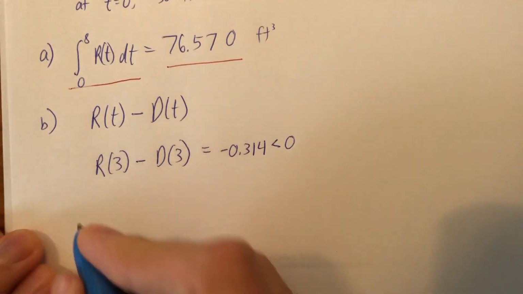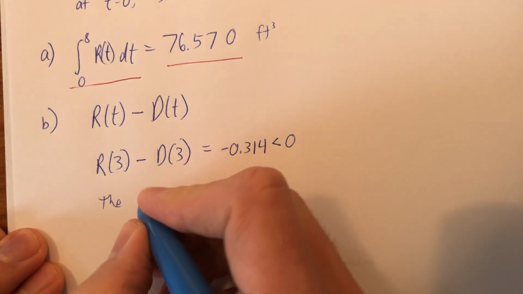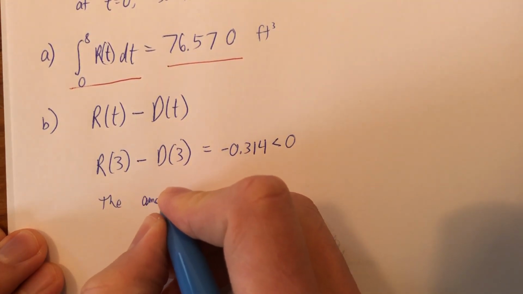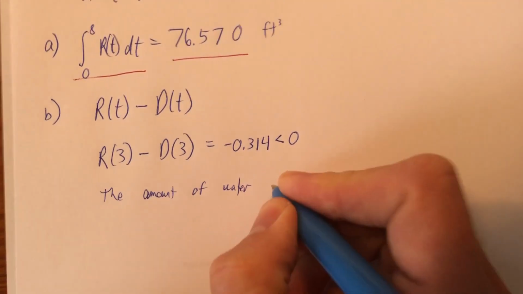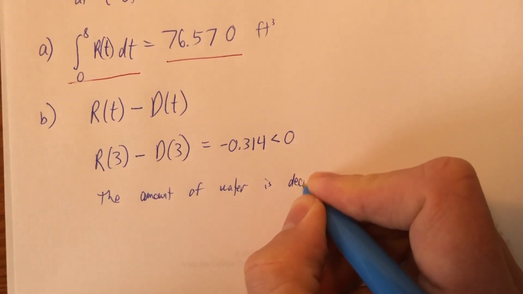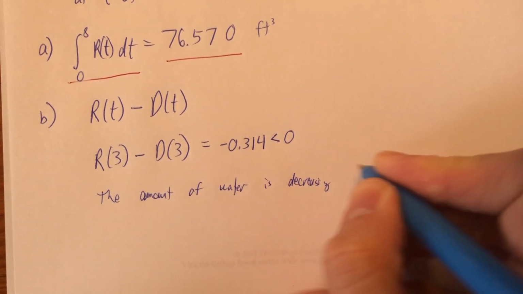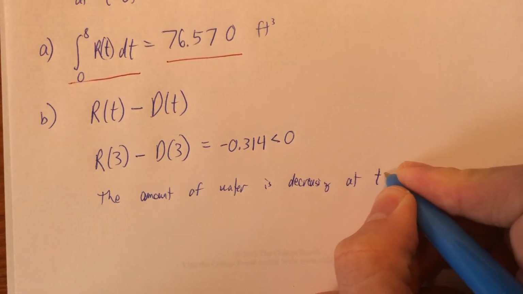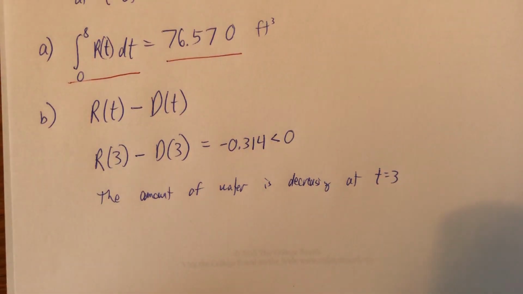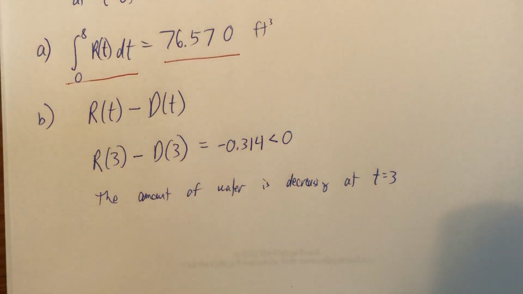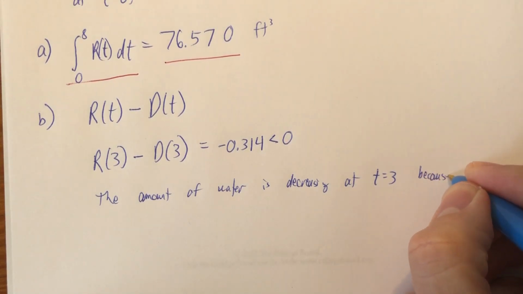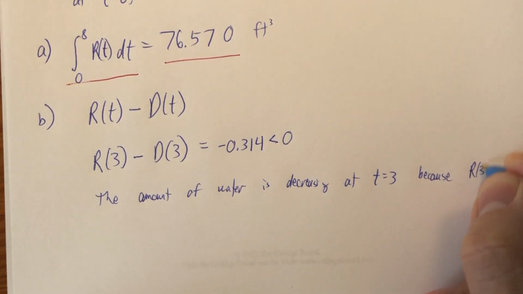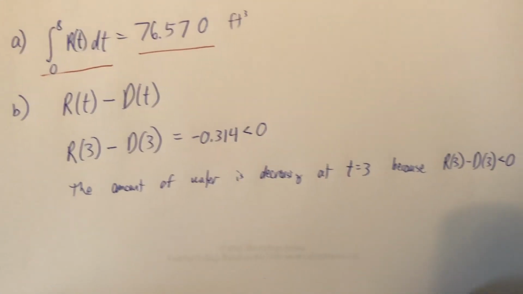So the amount of water is decreasing at t equals 3 because R of 3 minus D of 3 is negative.